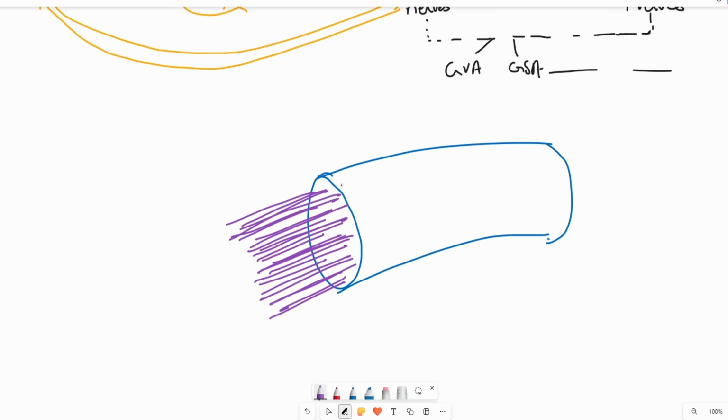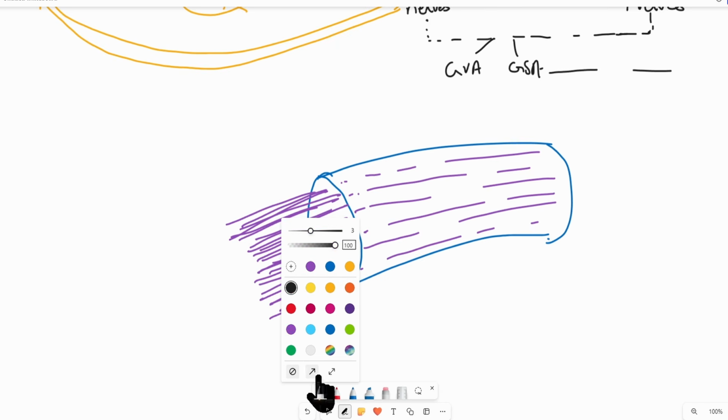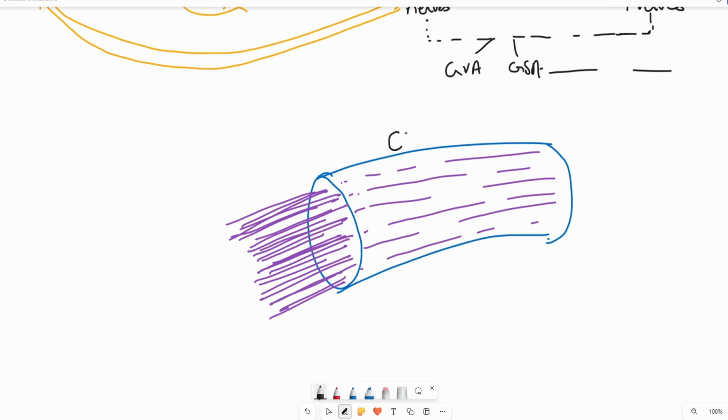It could be any nerve, a cranial nerve or a spinal nerve, right? Now we have many different nerve fibers within this nerve. Each nerve may have more than one type of fiber. This is important. For example, let's assume that this is a cranial nerve, cranial nerve 3, the oculomotor nerve.